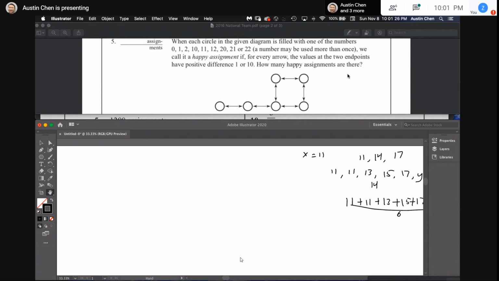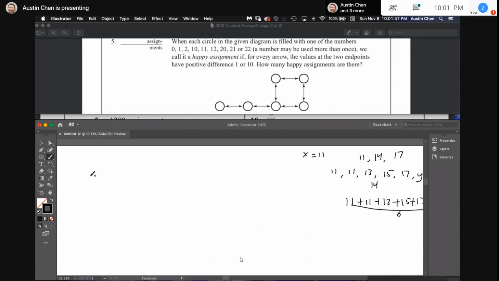How many happy assignments are there? Every one of these pairs has to differ by 1 or 10, and we can only use a specific set of integers in the circles. We want to find the number of happy assignments.